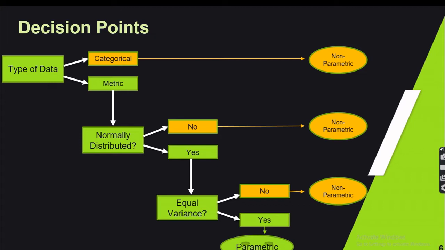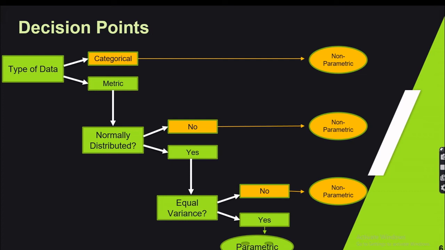The first condition is type of data. The type of data in research is broadly classified into qualitative or categorical data and quantitative or metric data. Hope you all have studied categorical data, which is not measured quantitatively. Metric data or measurable data can be measured quantitatively.